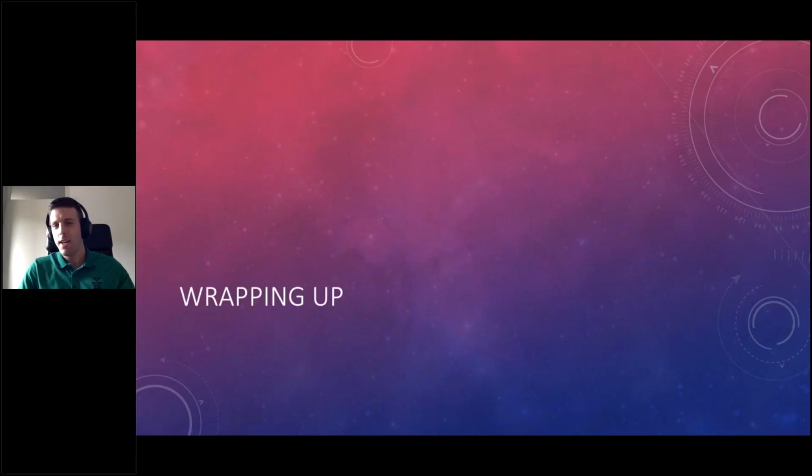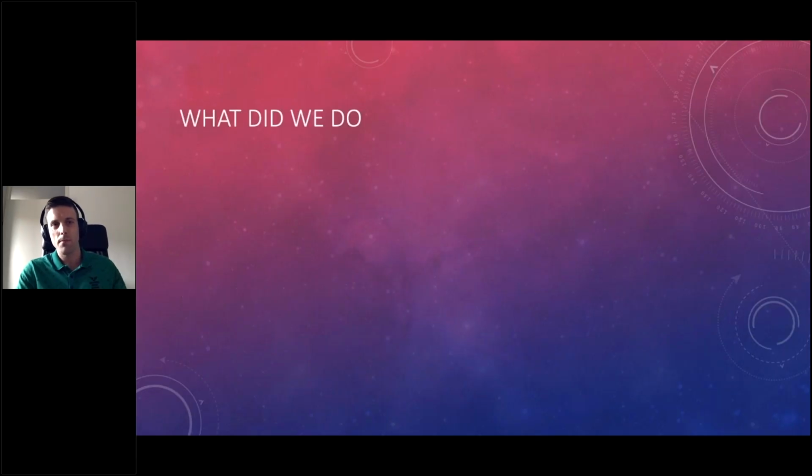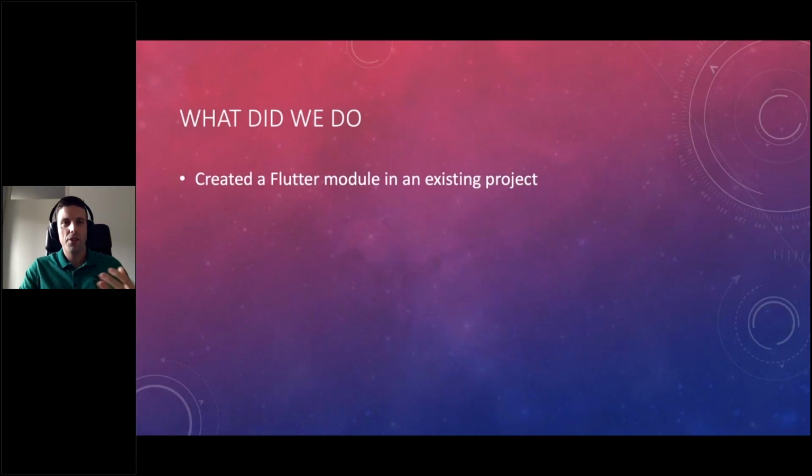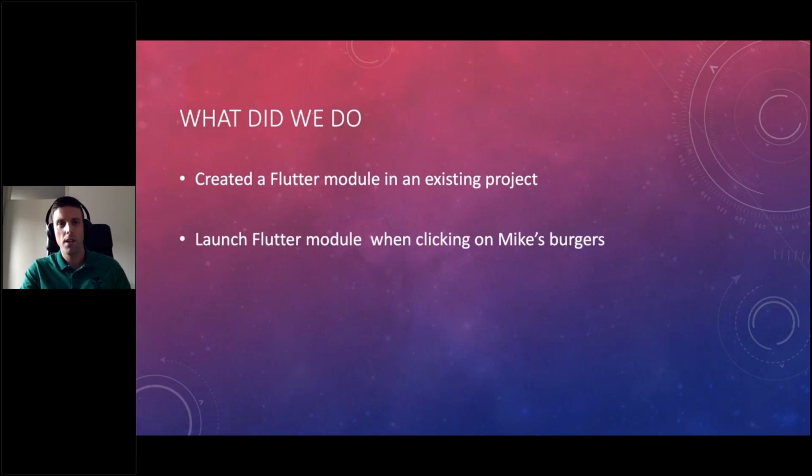But I can imagine I went through it in 20 minutes, so I think it's very good to wrap up what we did. First of all, we created the Flutter module using the Flutter plugin that we installed in Android Studio, and because of that, it wired up nicely and generates a lot of things so we can actually embed the module.